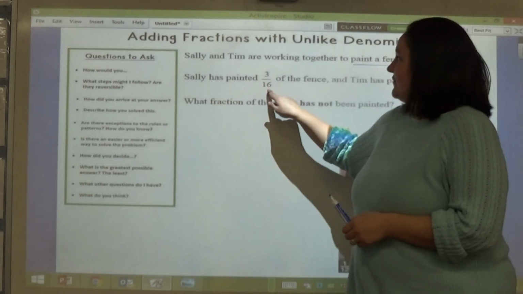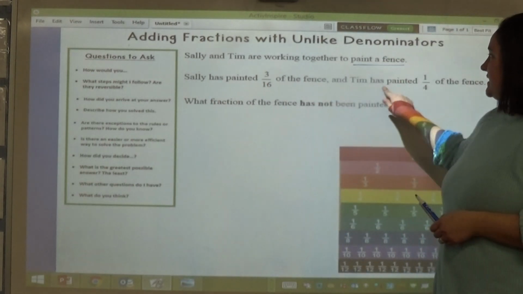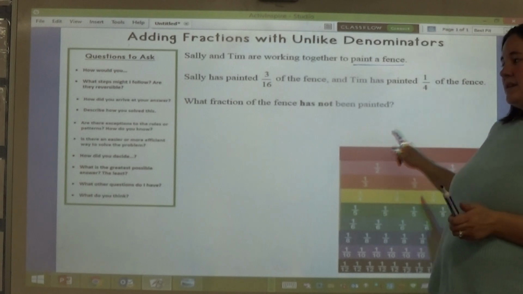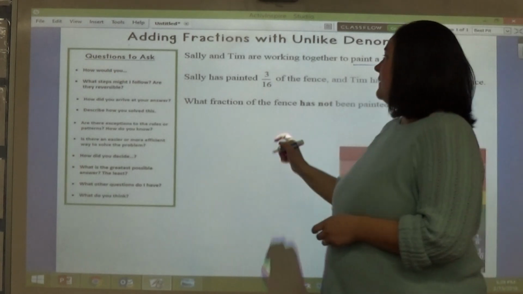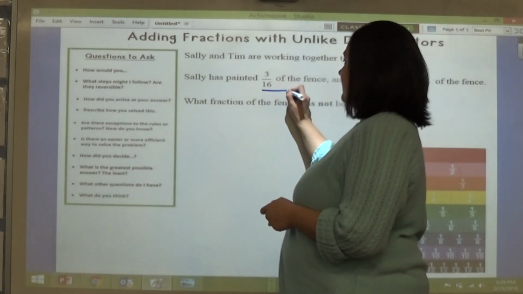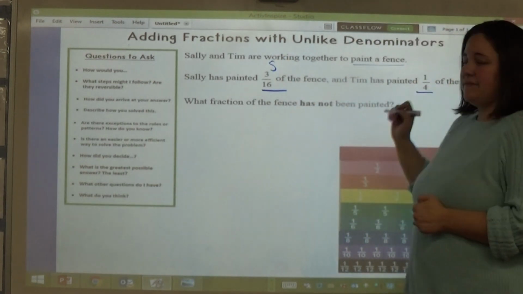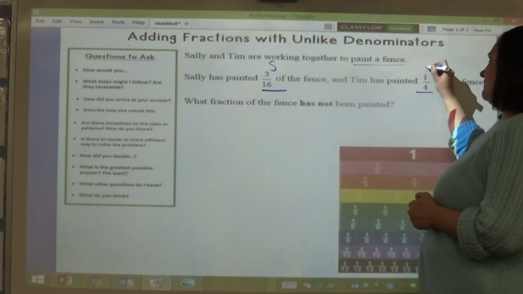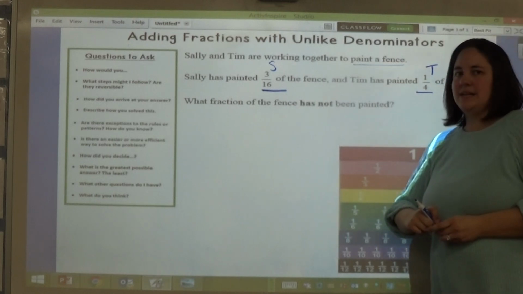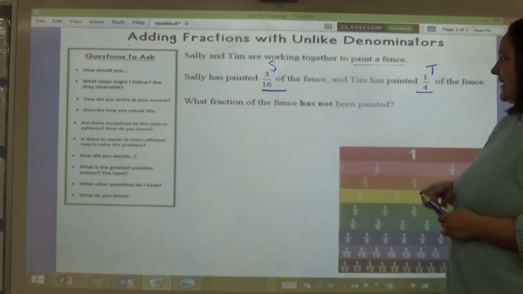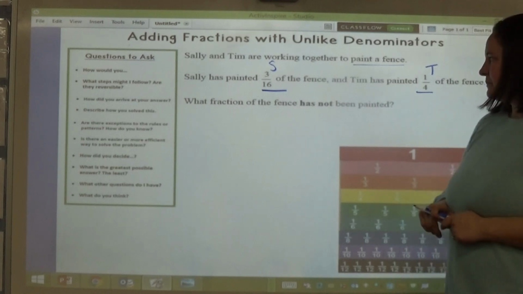Sally has painted 3/16 of the fence, and Tim has painted 1/4 of the fence. That's important to know. 3/16 has been painted by Sally. 1/4 of the fence has been painted by Tim. So I'll just put a T for Tim and an S for Sally, and I'll underline the fractions that we need to know.